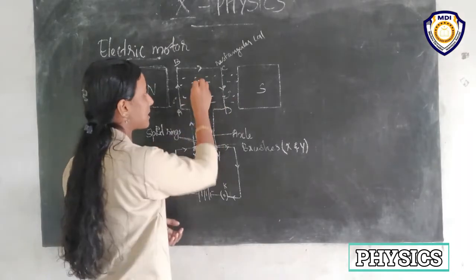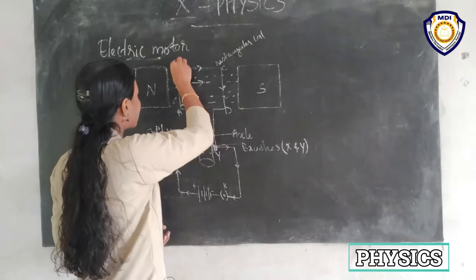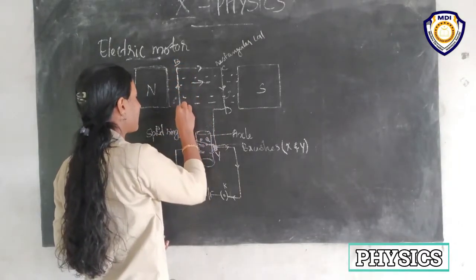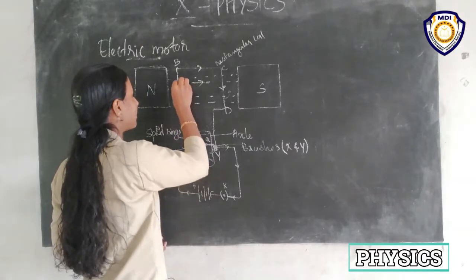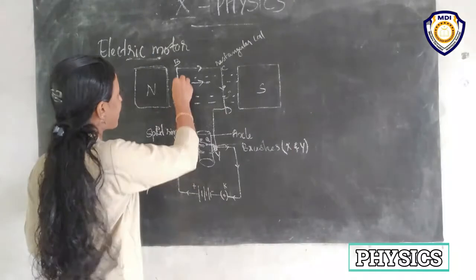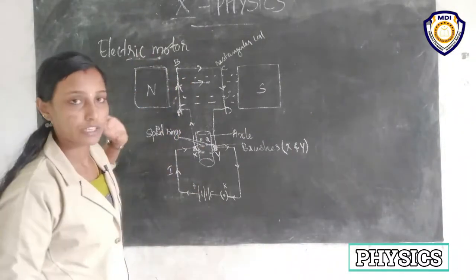In this side AB, we have the direction of current like this, the upward direction of current.